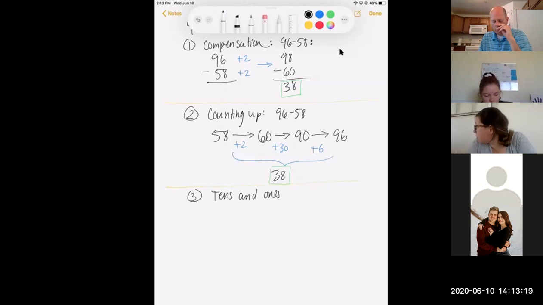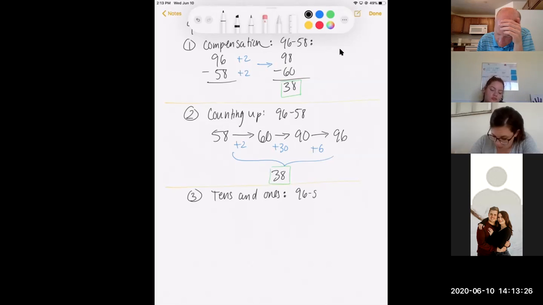Going to tens and ones. Okay, when you do tens and ones, you're kind of keeping a total in your head, just like with addition. So the 96 minus 58, I'm going to break up my 58 into tens and ones. 58 is equal to 50 plus 8.